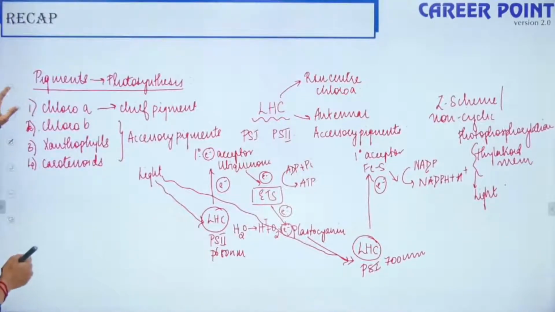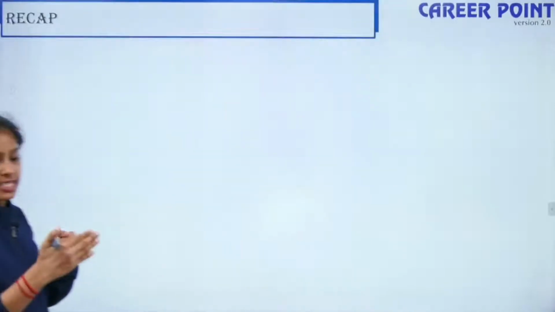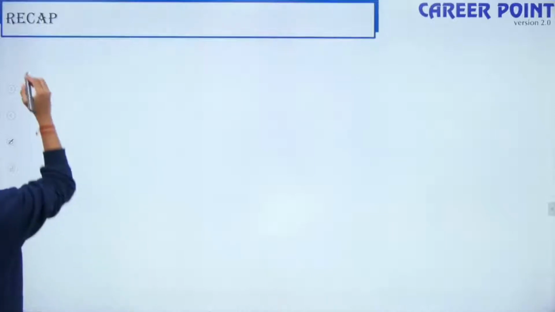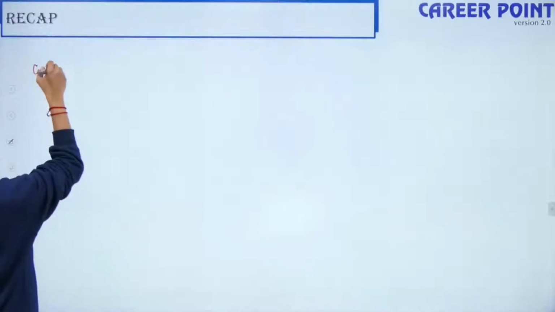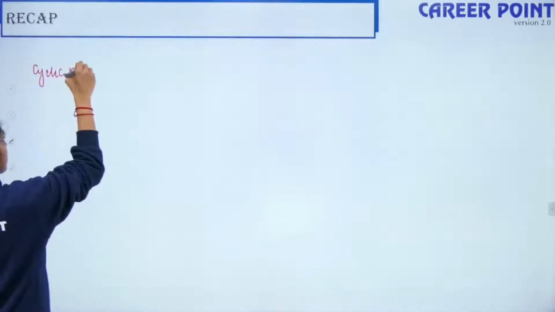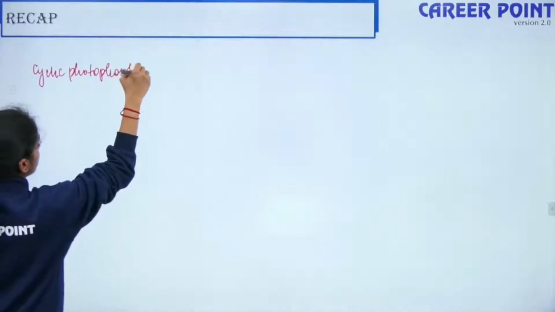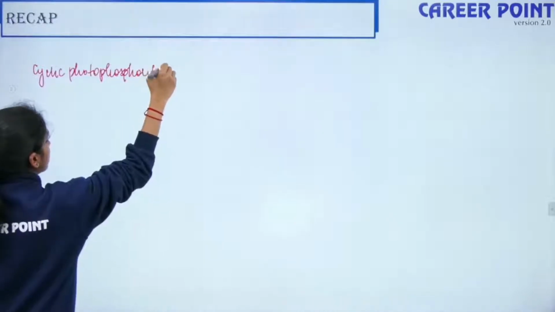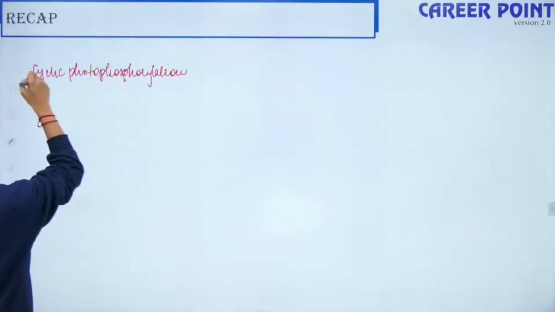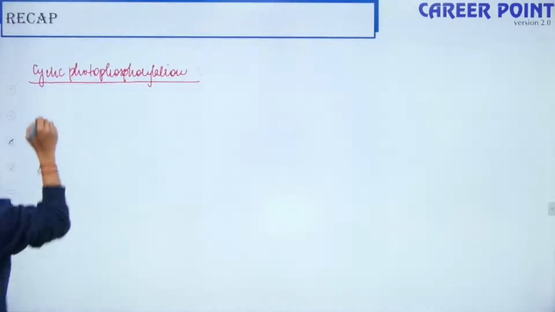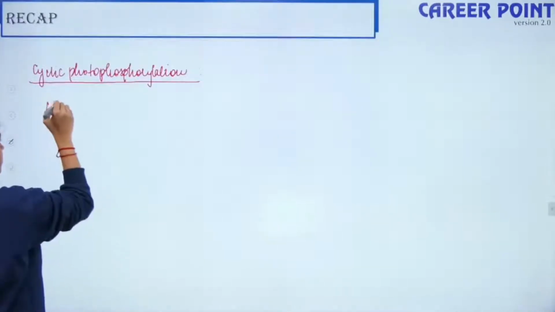So I hope it's clear. Now we move forward to the next part. How does it further happen? There's something called cyclic photophosphorylation. In cyclic photophosphorylation, you have your light.